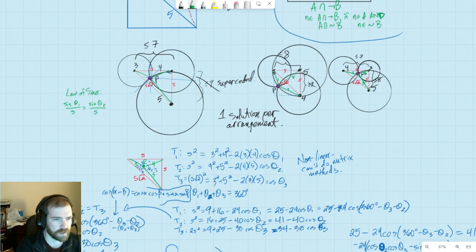Oh, interesting. Which is equal to the sine of theta 3 over s root 2.